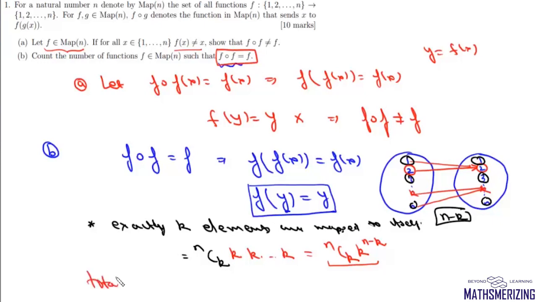So the total number of such functions is given by nCk k to the power n minus k, where the value of k starts from 1 and goes all the way up to n. So the total number of functions is given by this summation, k varies from 1 to n, nCk k to the power n minus k.